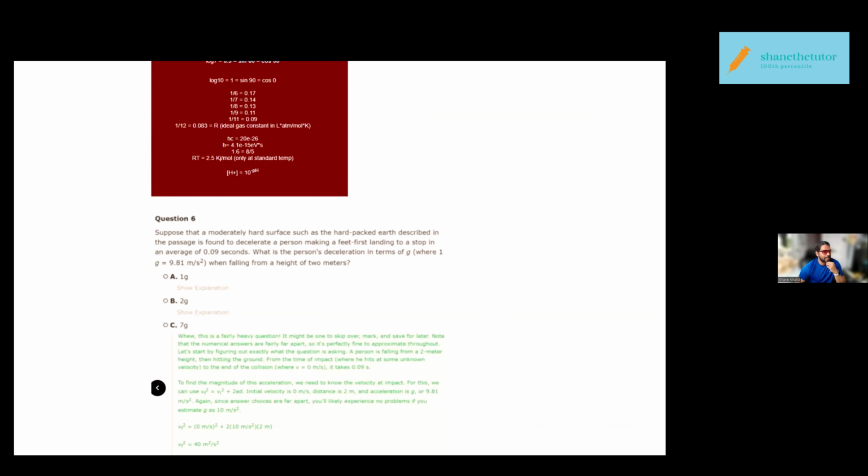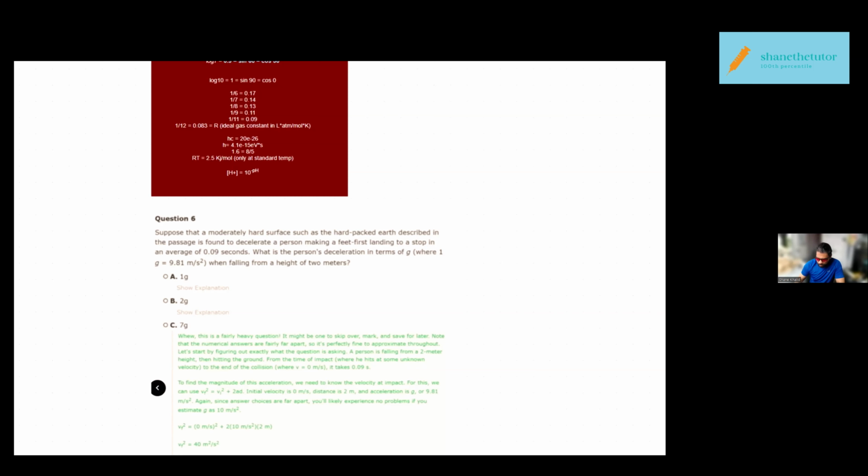The question states, suppose a moderately hard surface, such as the hard packed earth described in the passage, is found to decelerate a person making a feet first landing to a stop in an average of 0.09 seconds. What is the person's deceleration in terms of g, where 1g is 9.81 meters per second squared, when falling from a height of 2 meters?